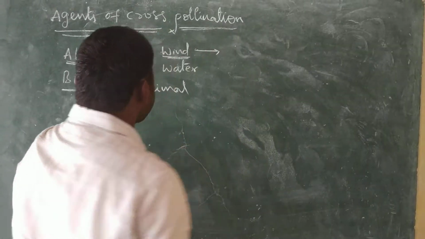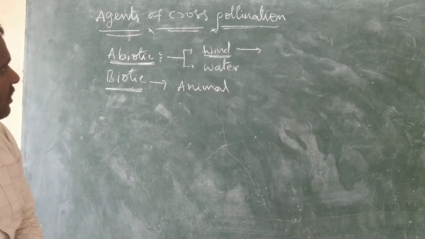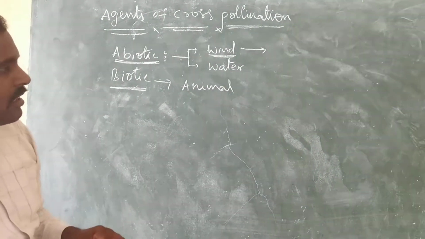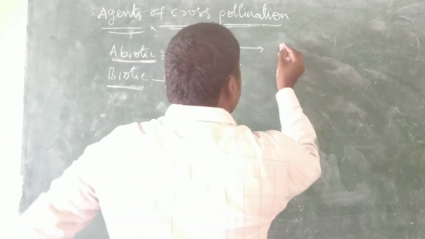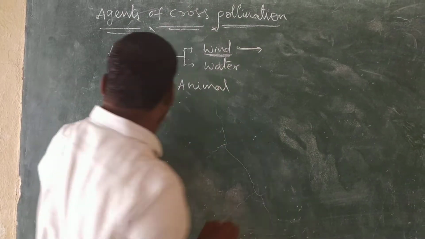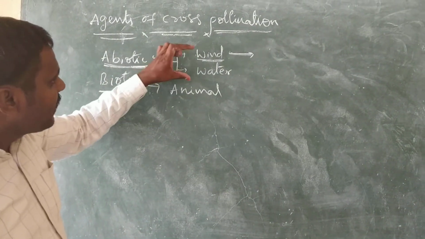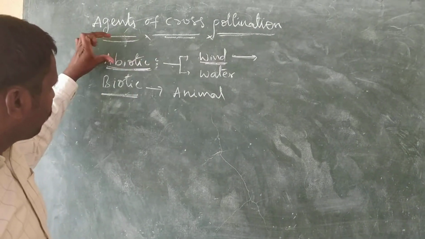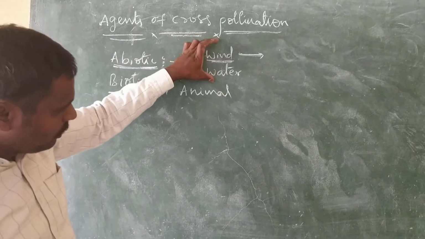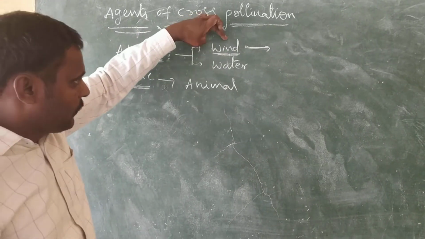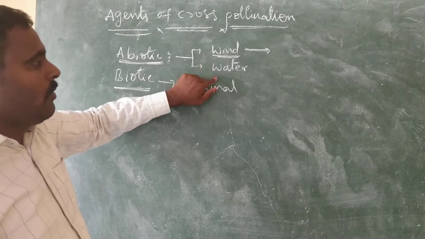Pollination that takes place through the wind is called anemophily or wind pollination. Abiotic agents are the pollinating agents which do not have life. There are two types of abiotic agents, the first one is wind and the second one is water.